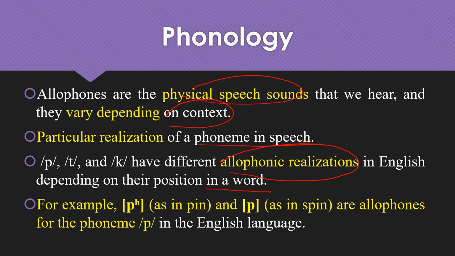For example, when we say pin or when we say spin, both p and p are allophones to the phoneme pa. Allophones are placed within brackets.